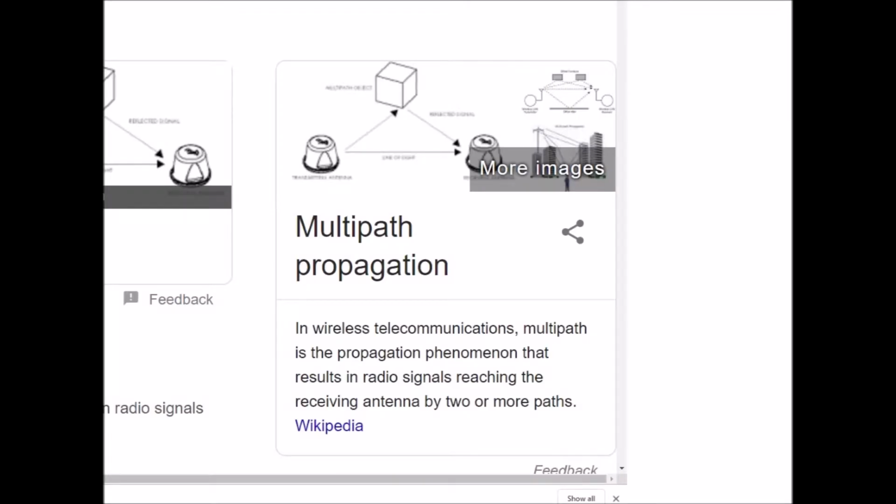Next definition, multipath propagation. In wireless telecommunications, multipath is the propagation phenomenon that results in radio signals reaching the receiving antenna by 2 or more paths.